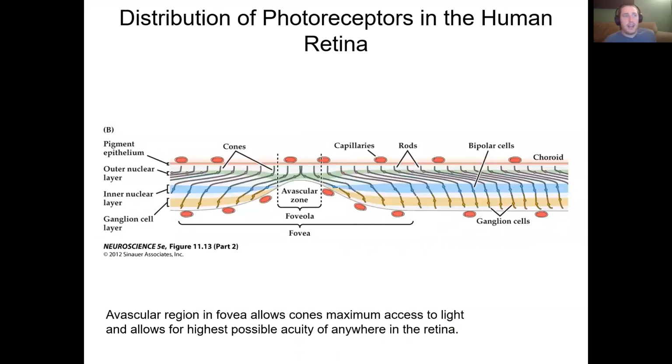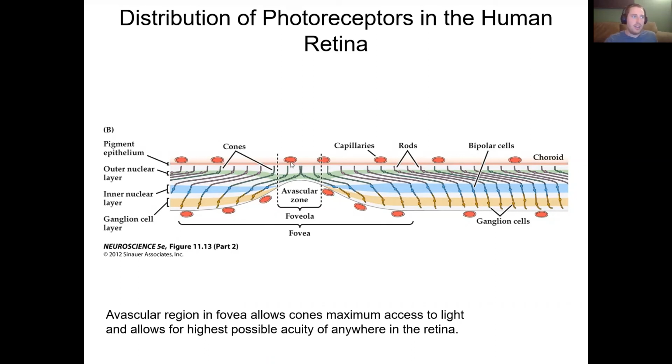So the fovea has very high acuity because of all those cones, but in the very center of the fovea, we have the highest acuity, because we have all those cones packed in, and we actually exclude a lot of the rest of the retina. So right here in this avascular zone, which is the very center of the fovea, everything gets squished out to the side.